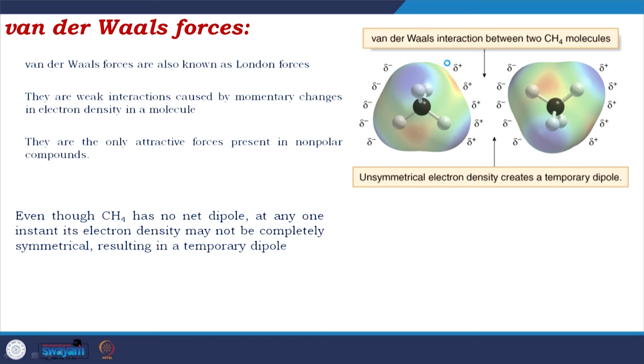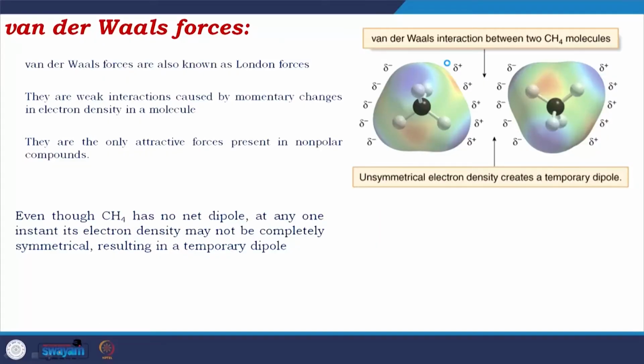As this picture is showing, when there is bond stretching, there is a difference in the electron density distribution. As you see here, unsymmetrical electron density creates a dipole. So, you see here the presence of partial negative and partial positive charges.